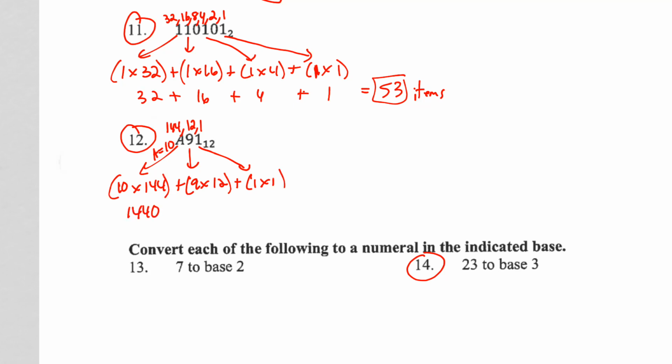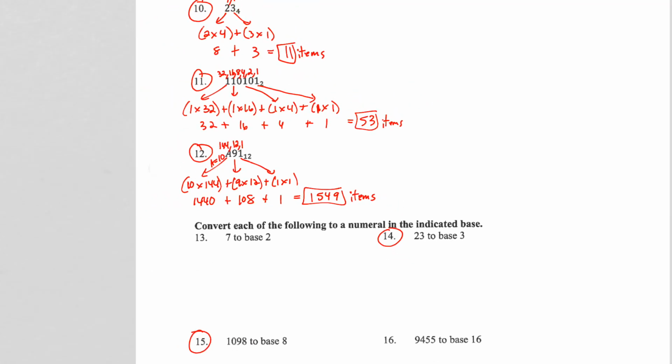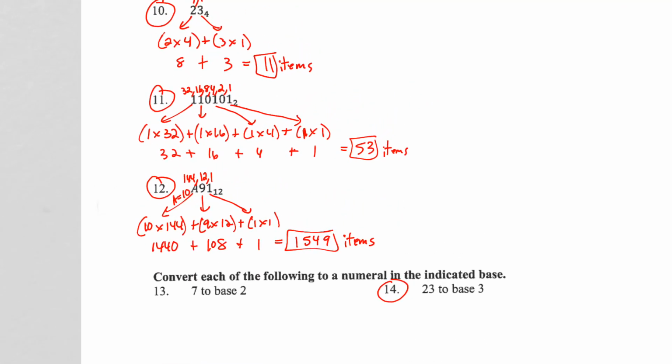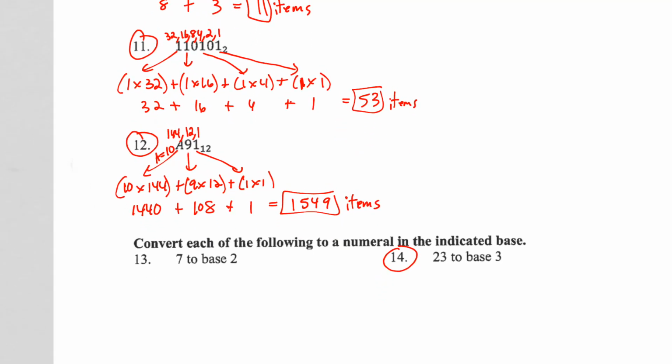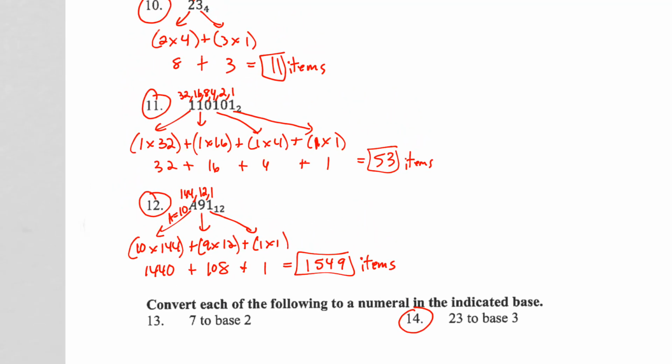So 1,440 plus 108 plus 1. This is 1,449 in our base system. So make sure you know how to convert other bases to our base system.